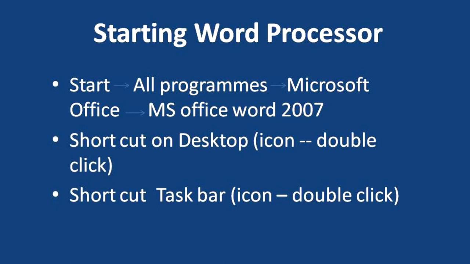That is, if there is an icon on the desktop, you can straight away double click on it, and the MS Word processor will open. Otherwise, shortcut is you can use the taskbar also. If there is an icon, and if you double click on it, the Word window will open. So you can choose any one of these options for opening the MS Word, that is the processor to start with.